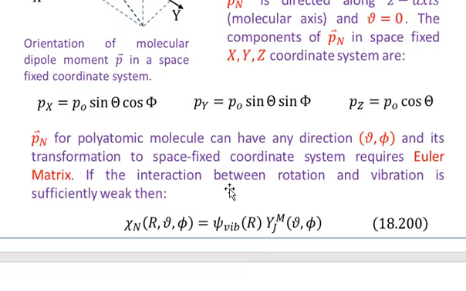If the interaction between rotation and vibration is sufficiently weak, then under that condition we can write this wave function.